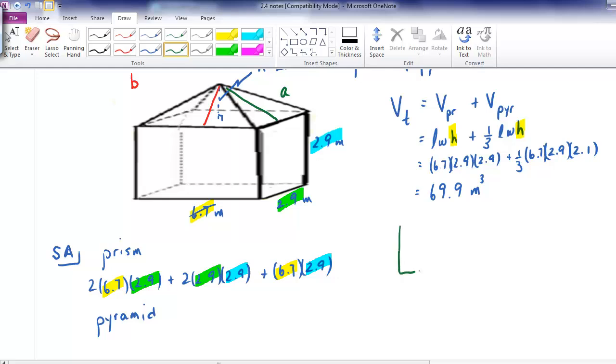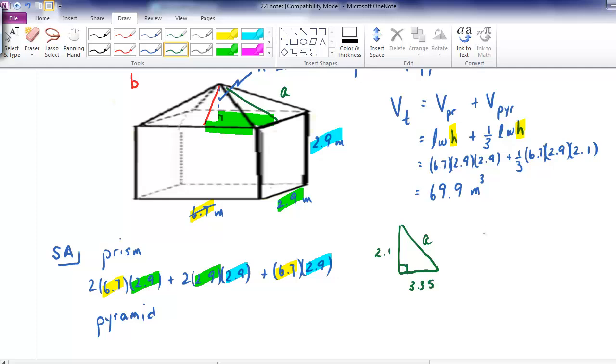I'm going to draw my cutaway of my right triangle. And what I know is that A is the slant height. I know the triangular height is 2.1. And I want to know this distance right there, which matches this distance right there, and that's half of 6.7. That is 3.35.